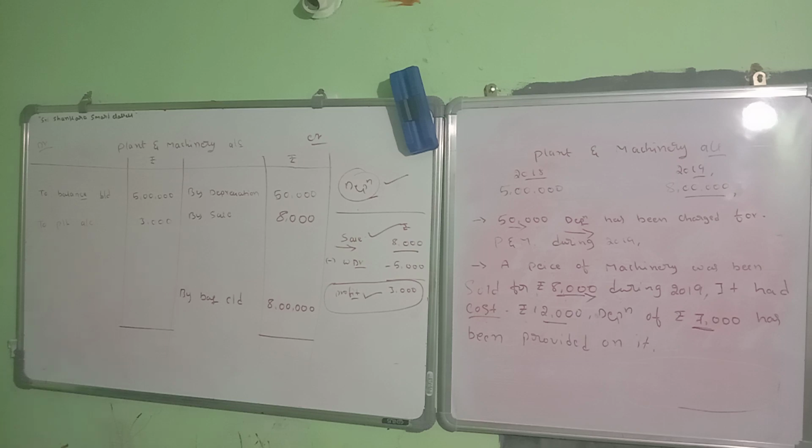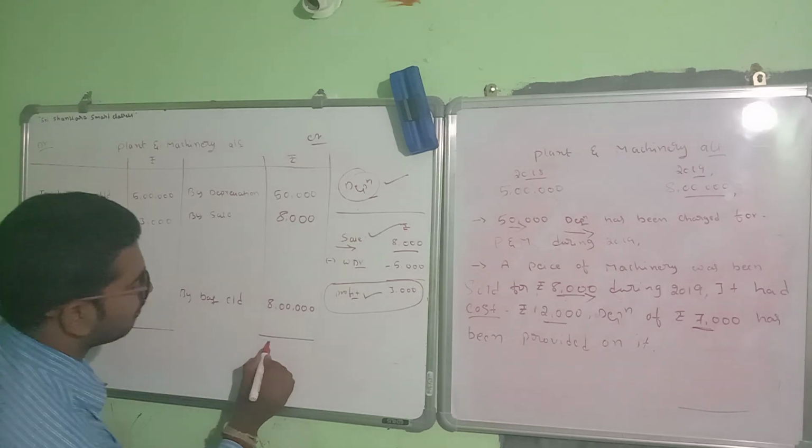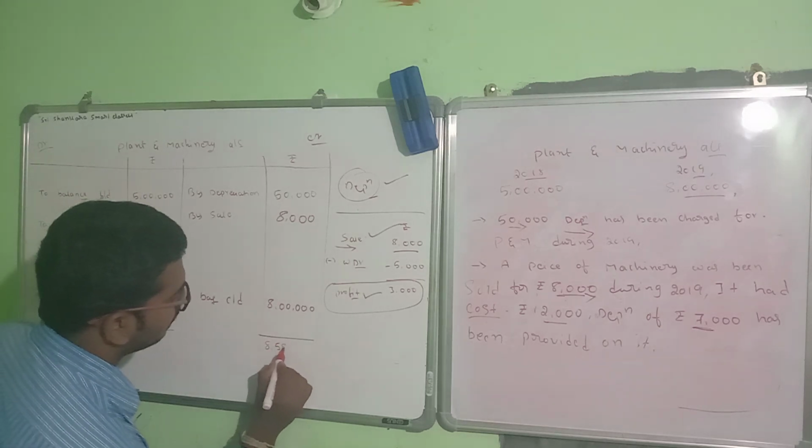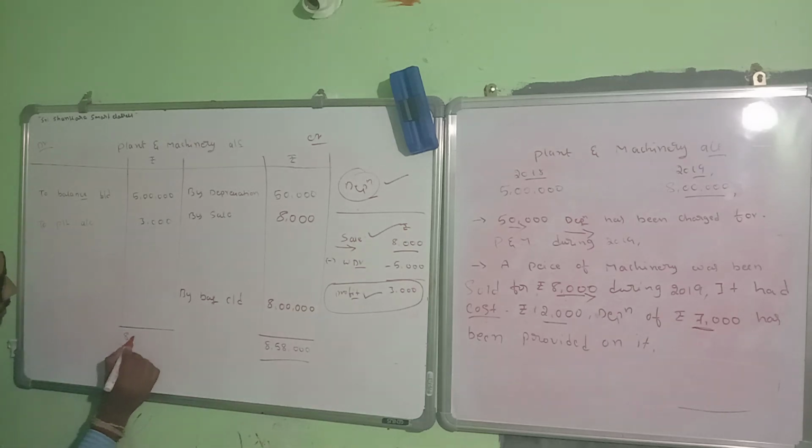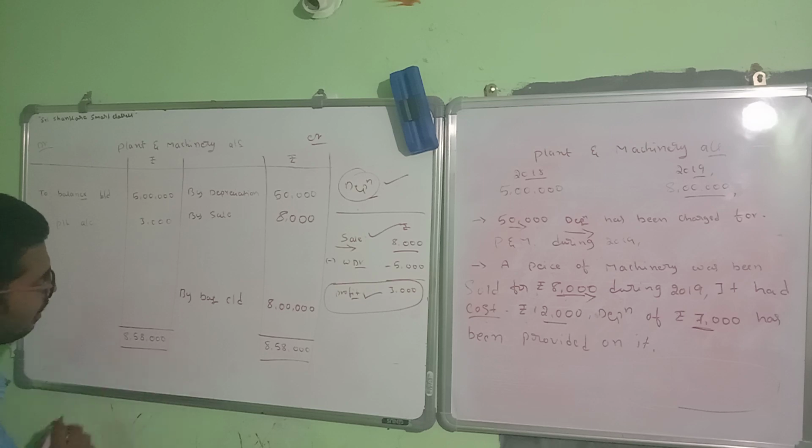You should identify which side is higher. It is the credit side, 8,58,000, and identify what the balancing figure will be.